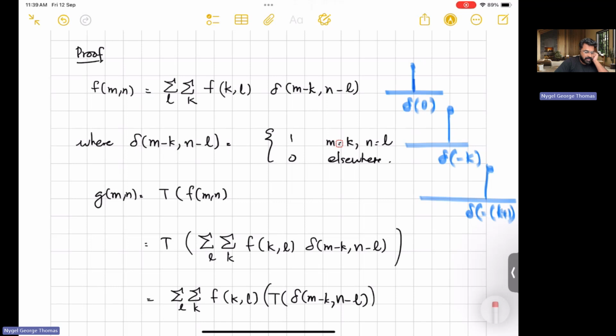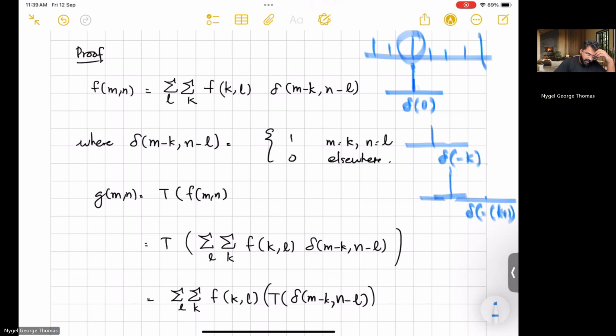So this is just the value of the function. Whenever we are multiplying a function, suppose we have a function like this, with some values, whenever I multiply this function with delta of 0, I end up getting this sample. And if I shift it here and multiply with this function, I end up getting this sample.